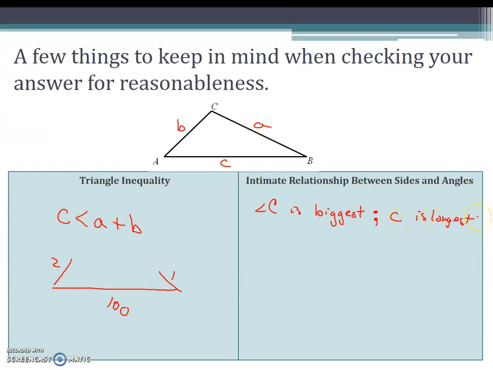And then the other thing to keep in mind is that angle B was the smallest, and that went along with little b being the shortest. So those are some reasonableness checks that you can always consider when you're solving triangles. And anything that contradicts any previous knowledge can be considered useful when solving triangles.